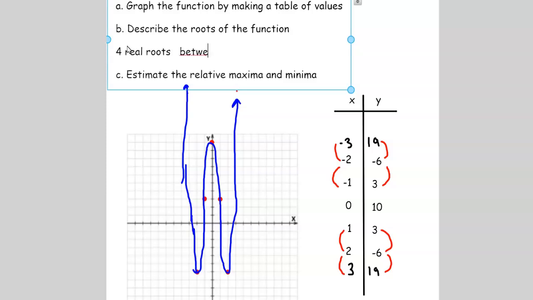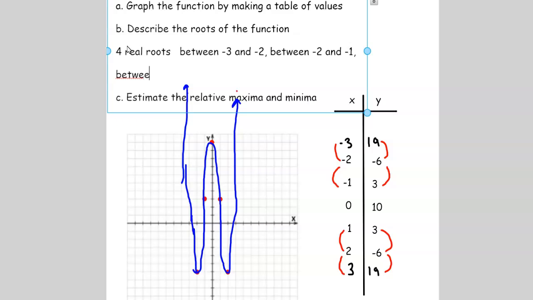So I have between -3 and -2, between -2 and -1. Again, remember you're listing your x values. Between +1 and +2. And lastly, between +2 and +3.